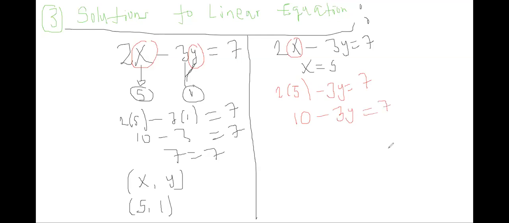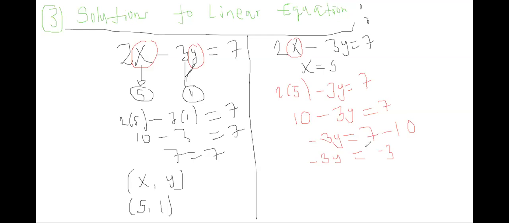So we could move the like terms. This 10 will go to the right-hand side of the equation. So it will be minus 3y equals 7 minus 10. So this will be minus 3y equals minus 3, because 7 minus 10 is minus 3.